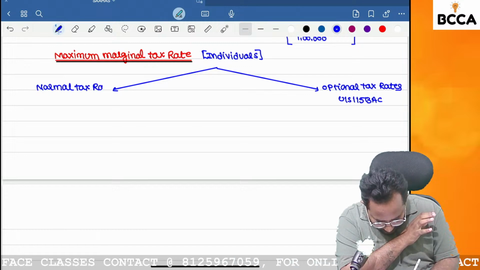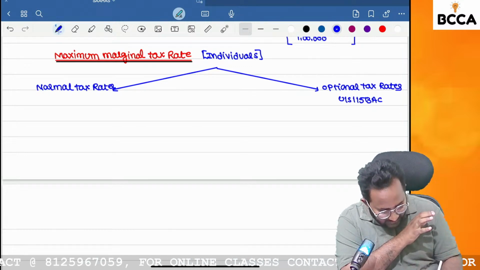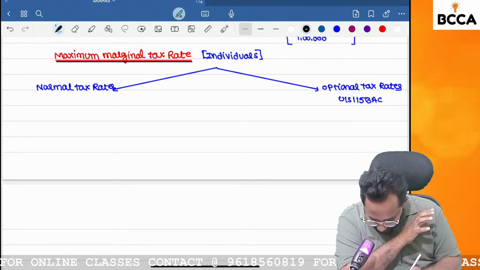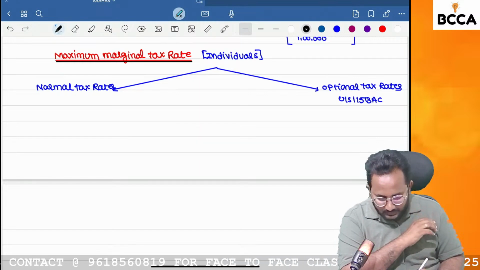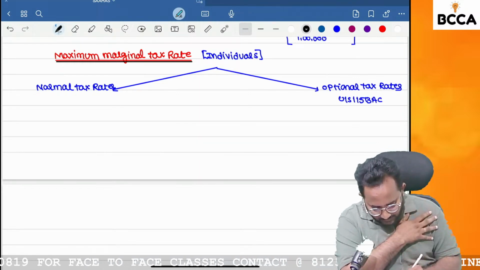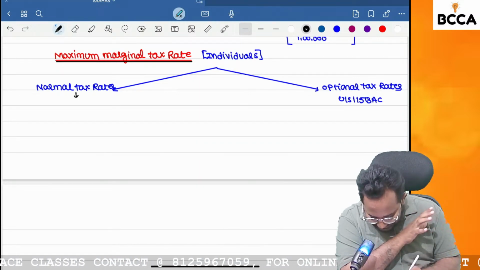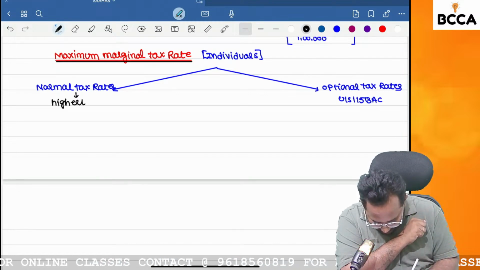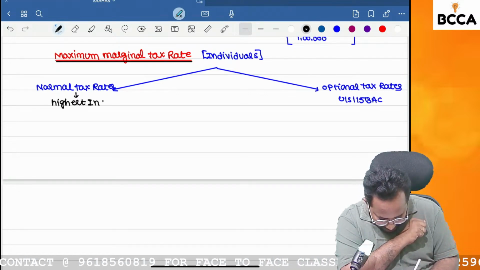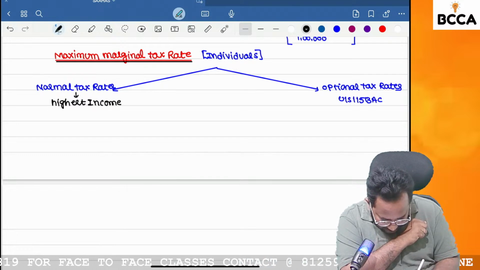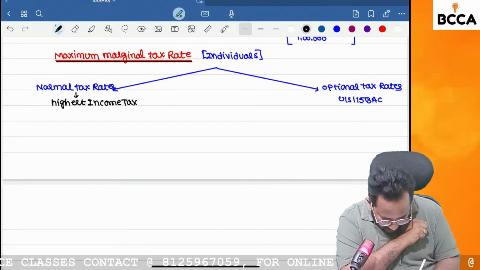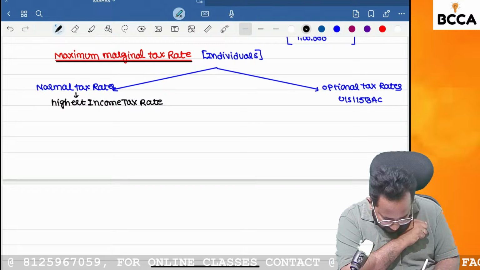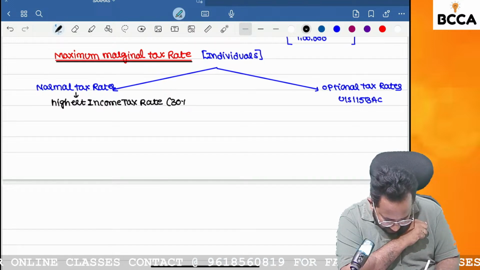What is the maximum marginal tax rate if an assessee follows the normal tax rates? Can you tell me what the highest income tax rate is? The highest income tax rate under normal tax rates is 30%.